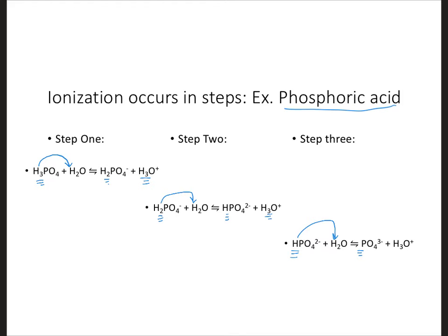This is not a tetraprotic acid. This is a triprotic acid. We've gotten rid of all 3 H's, so all that's left is that PO4 3-, that phosphate ion. And we did, in fact, transfer that hydrogen onto a water, so we have an H3O+. So for a diprotic acid, we would actually have 2 steps. In this example, with a triprotic acid, we had 3 steps.